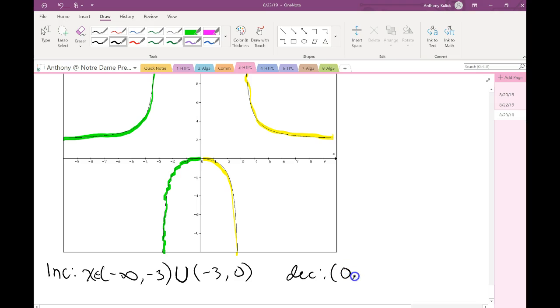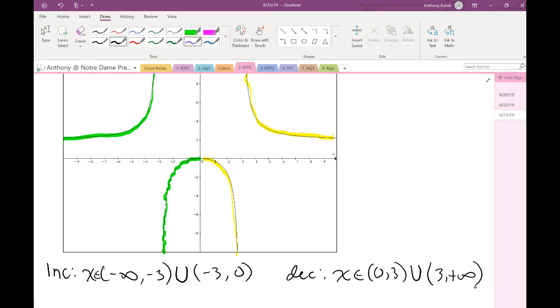We'll start at 0, go to +3. And then again, I use the union symbol to attach the next interval. And then I go from 3 to positive infinity.